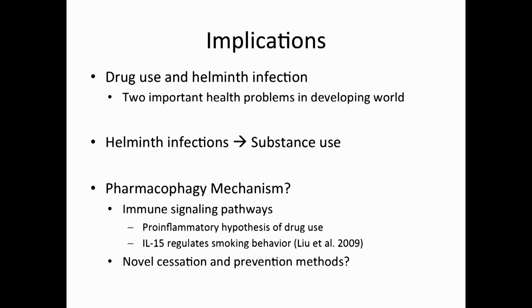I mean, maybe it has something to do with this hypothesized pharmacophagy mechanism. I should say, though, that the conventional or most widely accepted view on the relationship between drug use and immune function is that drugs compromise the immune system. But if this were the case, maybe there are some novel cessation or prevention methods that we could develop by exploiting these pathways.